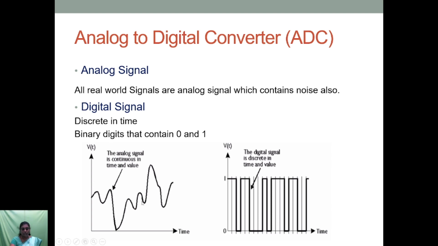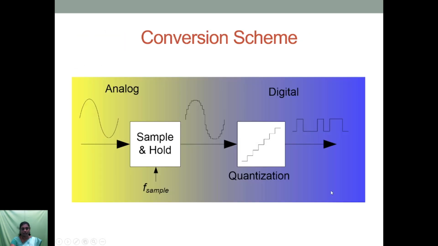So the magnitude is varying with respect to time. The other graph represents the digital signal. Here the magnitude varies with 1 and 0 alone. There is no intermediate value. So this graph shows the digital signal which contains only zeros and ones.